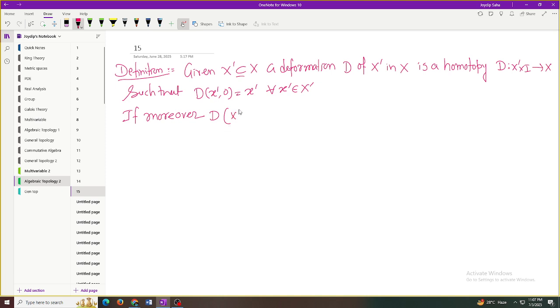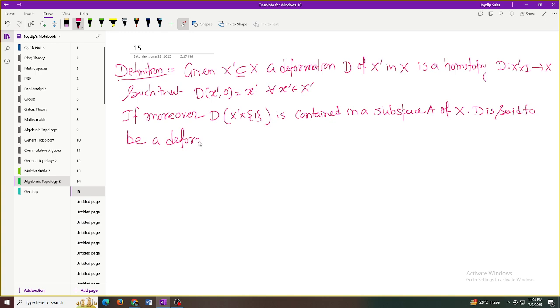If moreover X prime cross I is contained in a subspace A of X, D is said to be a deformation of X prime into A. This is the natural definition, okay?